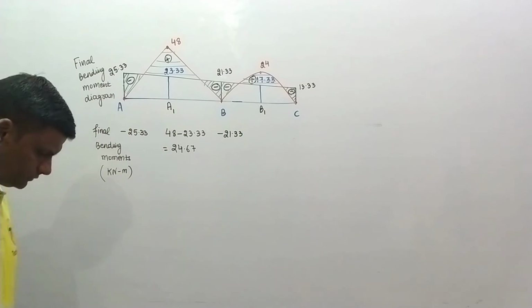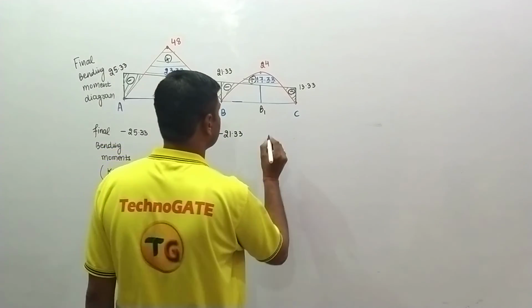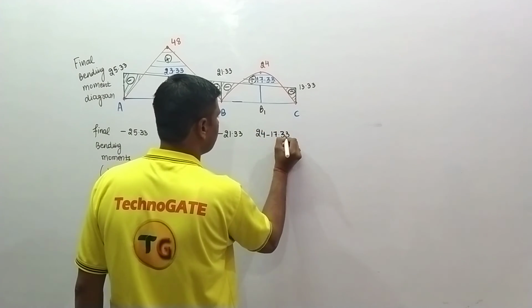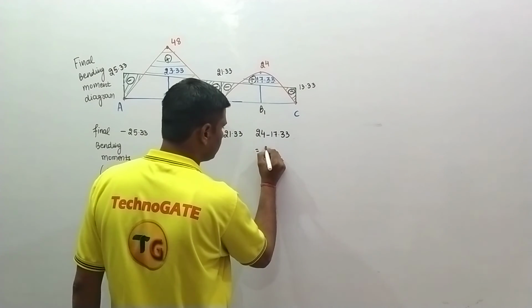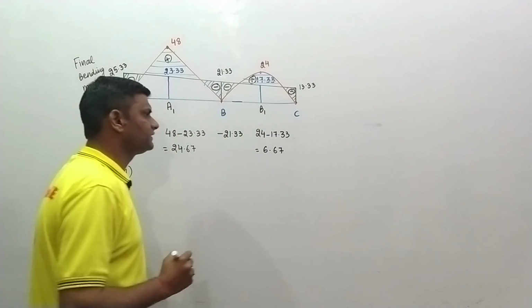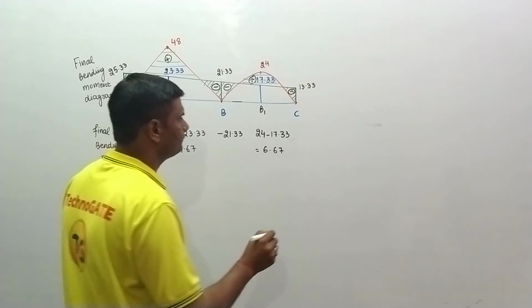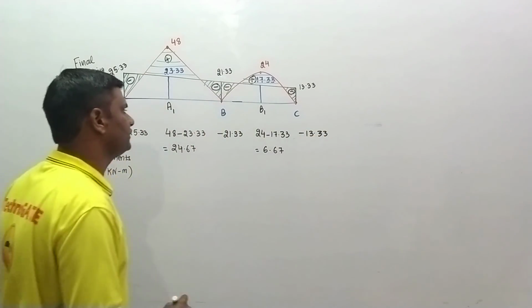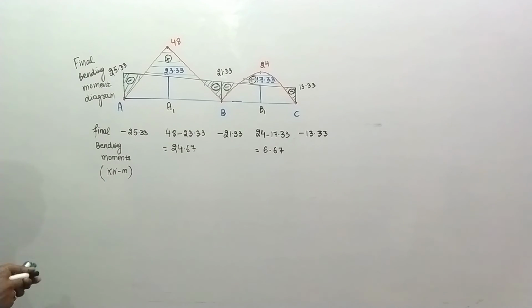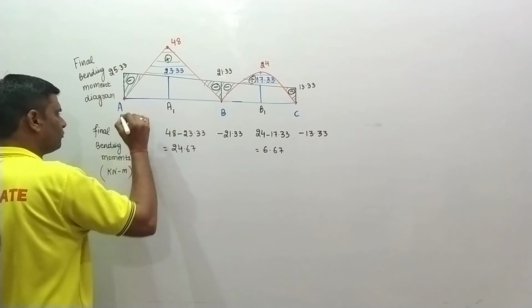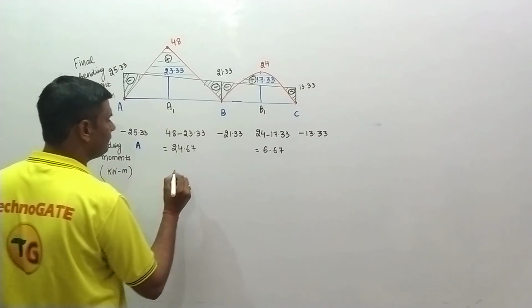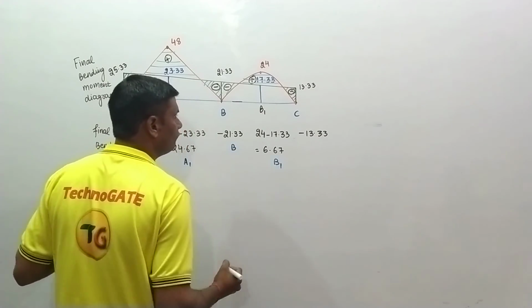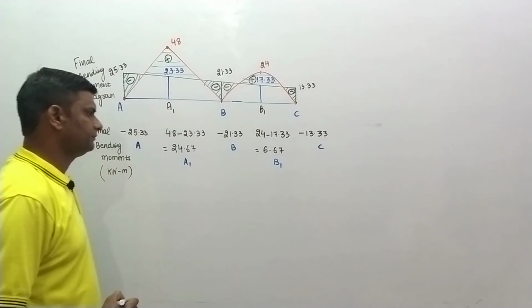At B1 the value is 24 minus 17.33, that is equal to 6.67, and at C the value is minus 13.33. These are the values of the final bending moment diagram at A, A1, B, B1 and C.